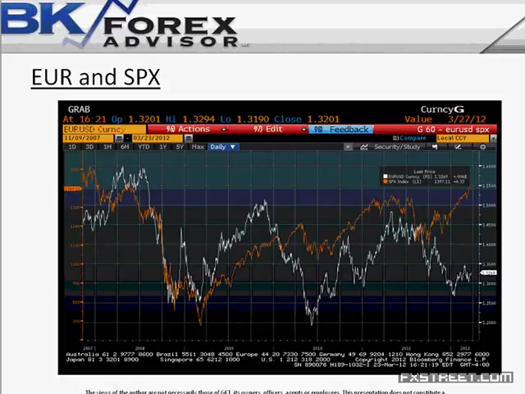So given that there's a strong correlation between how the Eurodollar moves and how stocks move for the past 5 years, even though we had a little break in the correlation for the past 3 months, in the long term, what matters the most to the Eurodollar is how stocks are performing. Because the way stocks are performing is indicative of the overall market's appetite for risk.